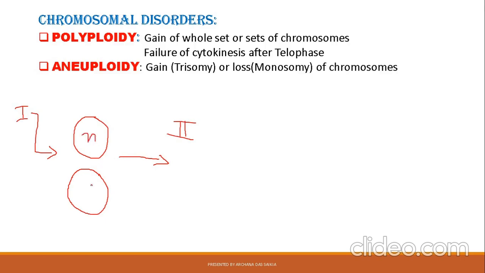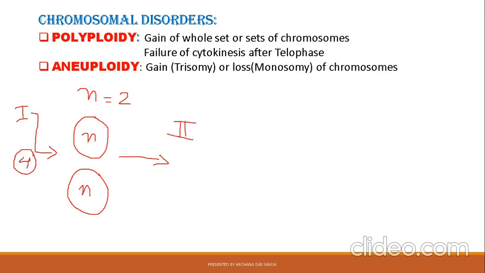Let us assume, just as an example, that n is 2, though such an organism does not exist. So this daughter cell has 2 chromosomes, the second one also has 2 chromosomes, but the original cell which divided had 4. That means the diploid number was 4, and the daughter cells have 2 each.